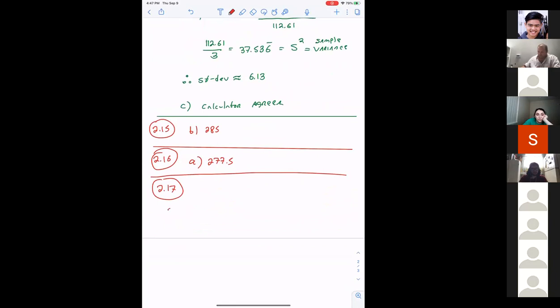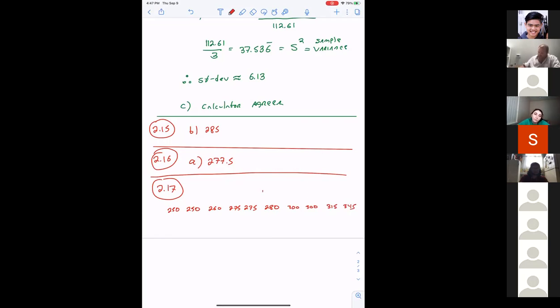So let's see. I have 250, 250, 260, 2 275s, 280, 2 300s, 315, and 345. 1, 2, 3, 4, 5, 6, 7, 8, 9, 10. So there's 10 of them.